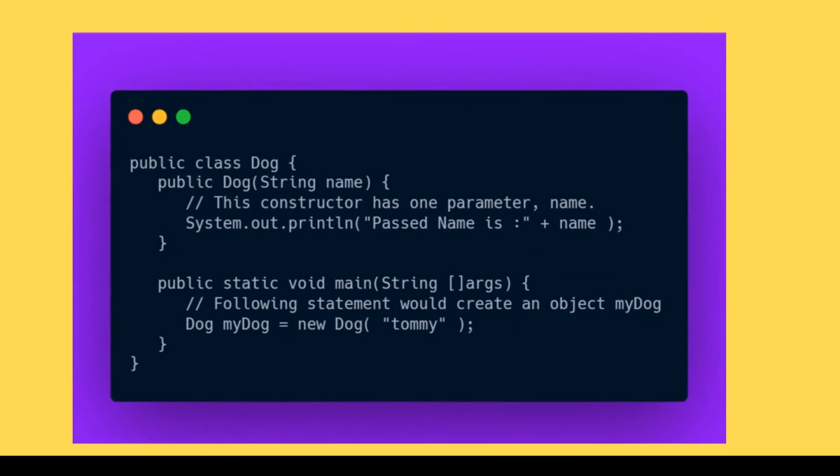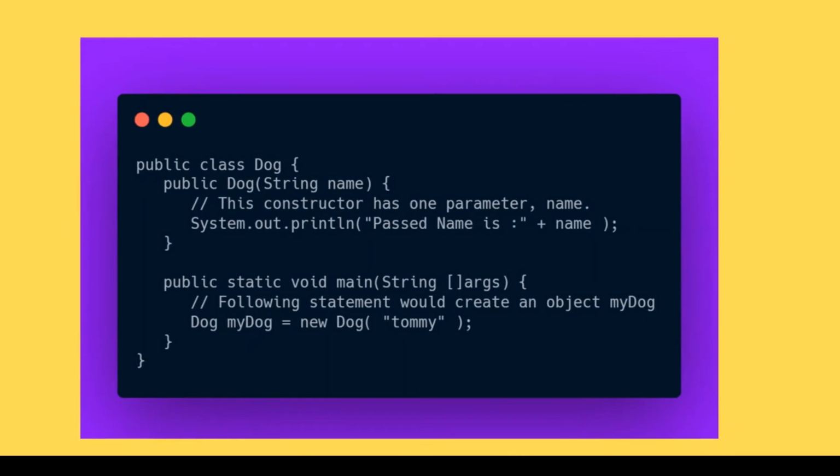So let's see one example code. Here is a class, public class Dog, and we have passed one parameter in the Dog function, which is name, and we have printed out System.out.println, the passed name is name.